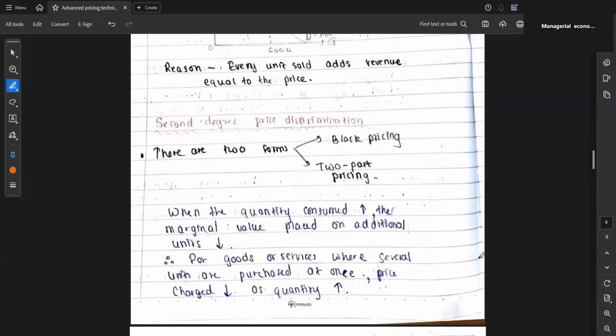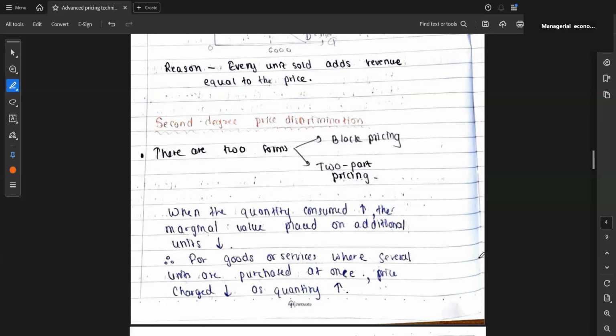The basic idea behind second degree price discrimination is that when quantity consumed increases, the marginal value placed on additional units decreases. Therefore, for goods or services where several units are purchased at once, the price charged decreases as quantity increases.